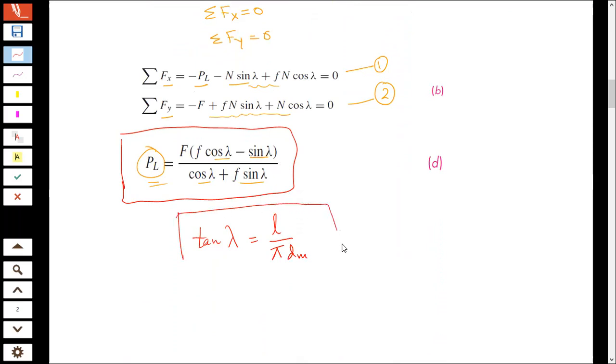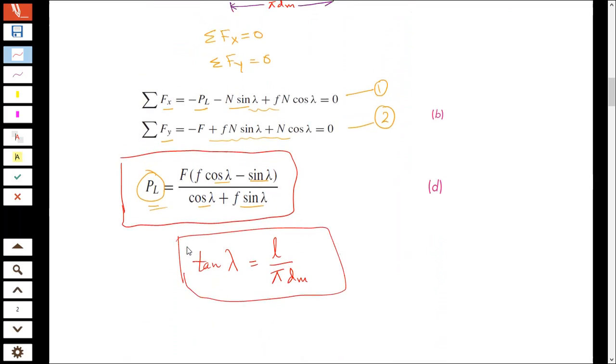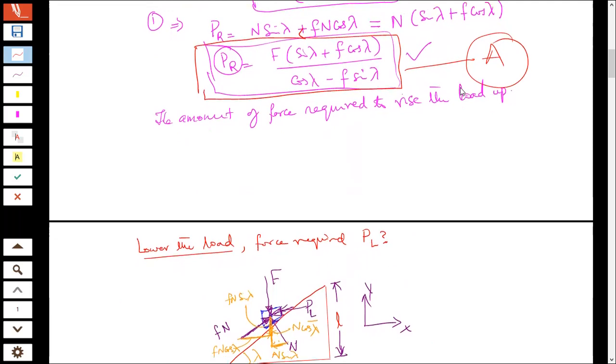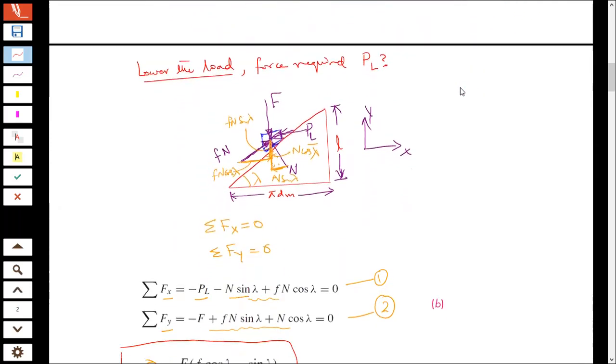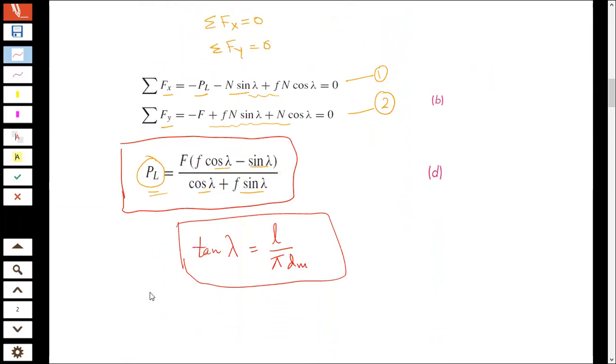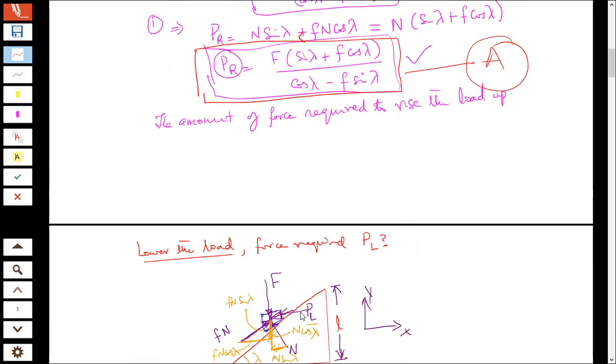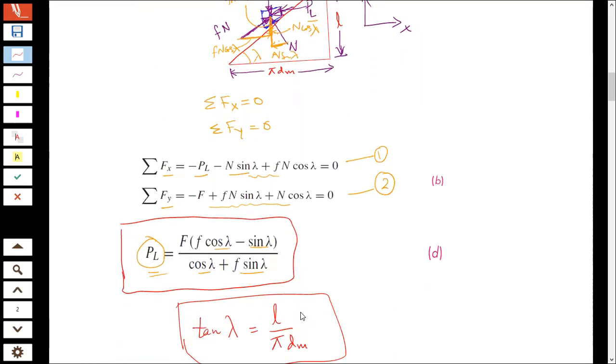Now let's take the equation for raising the load, equation A: PR is equal to F times (f cos of lambda plus sine of lambda) divided by (cos of lambda minus f sine of lambda).